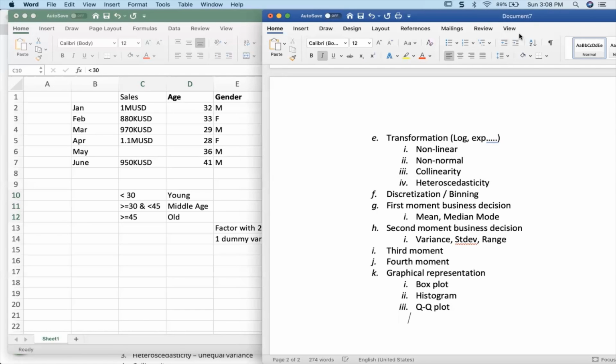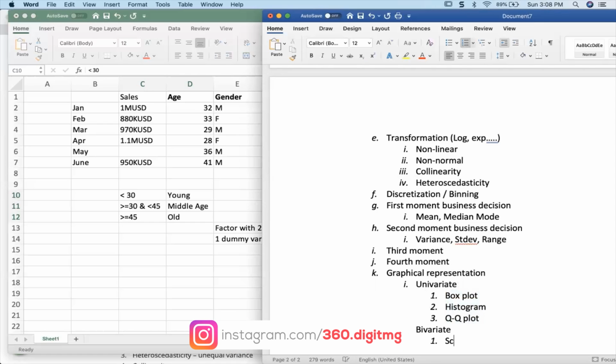All these are univariate, okay? Univariate means single variable graphs. Then you do bivariate, scatter plot. All right.